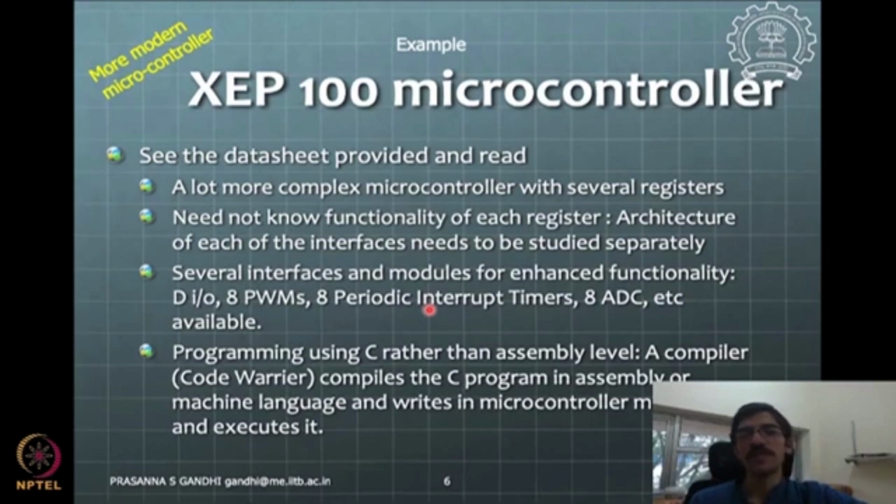We are not interested in that. What we need to understand is how, from a programming perspective, I can make use of the information given as part of the architecture. We are not really interested in how this microcontroller is designed or how it is working inside.